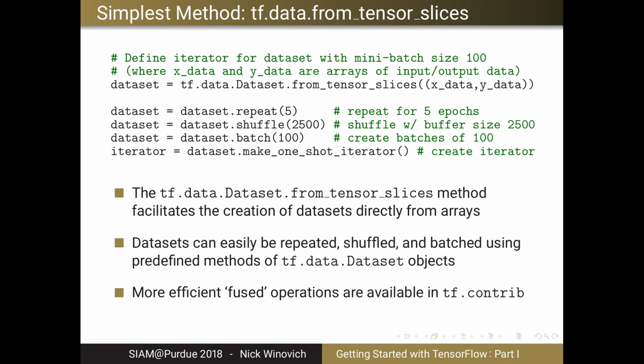If you have something like MNIST, you may be able to just get away with increasing it to the full size of your data set. But this will only basically shuffle in groups of like 2,500. And then we can put that into batches by specifying a batch size, and make one-shot iterator just automatically creates that iterator. And so now we can say get next in the TensorFlow graph and get basically these batches of shuffled and repeated elements.